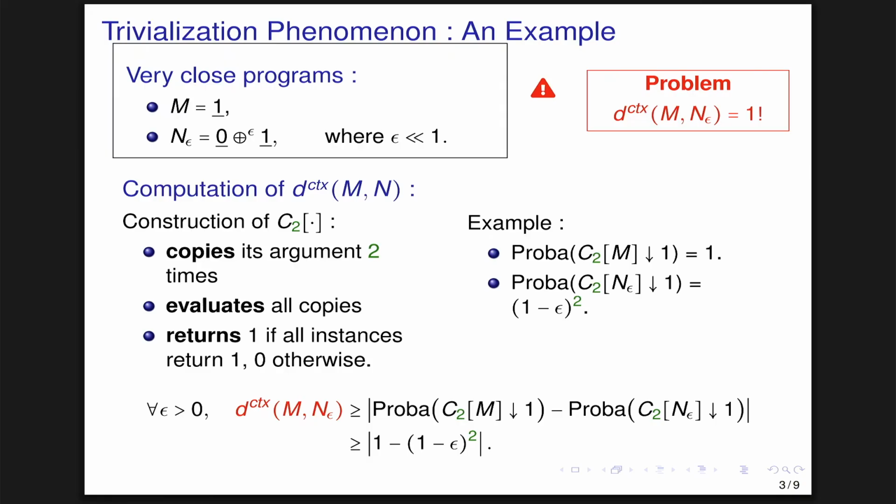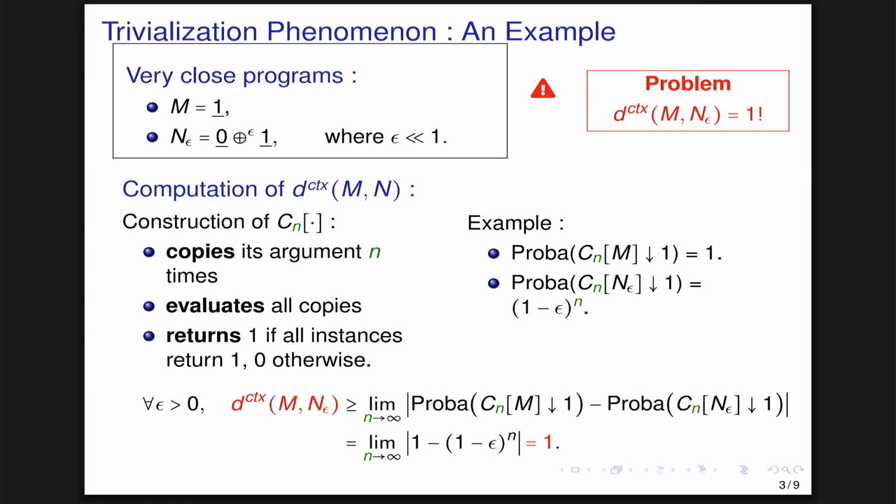And so if we increase the number of copies, N, and do the same algorithm, the probability for the second program becomes smaller and smaller. And so the distance between M and N will be equal to 1.